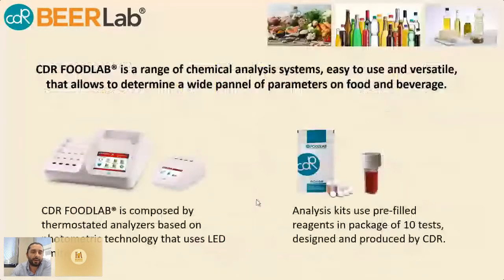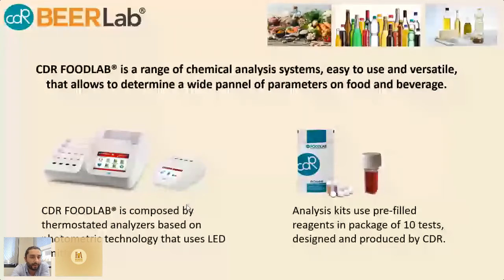So CDR Food Lab is a range of chemical analysis systems, easy to use and versatile. The system is composed of the analyzer. As you can see, we have 2 versions, a big one and a small one. And we also have dedicated reagents.